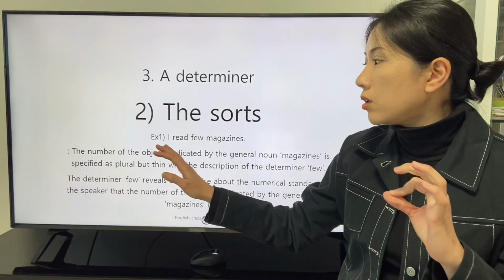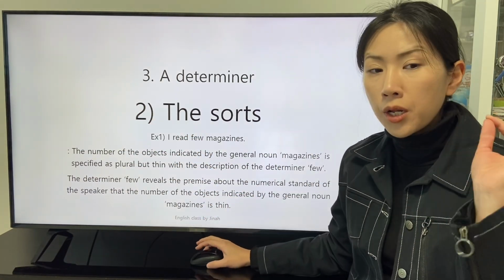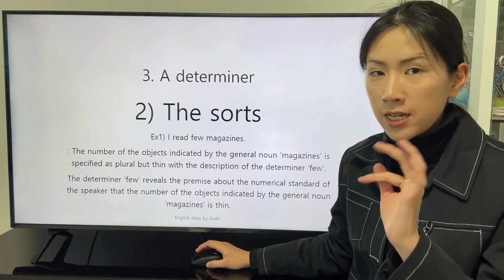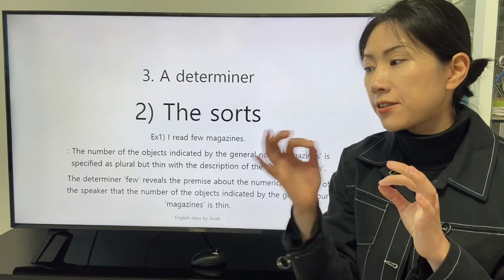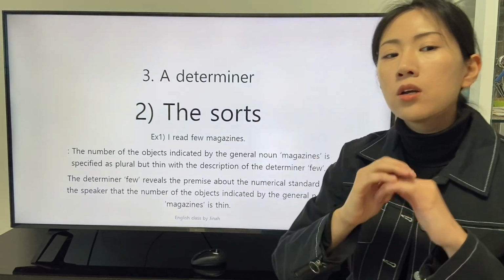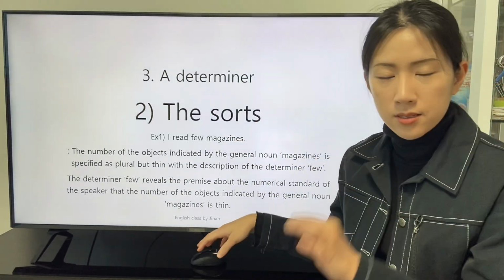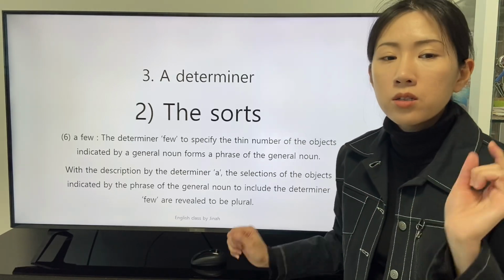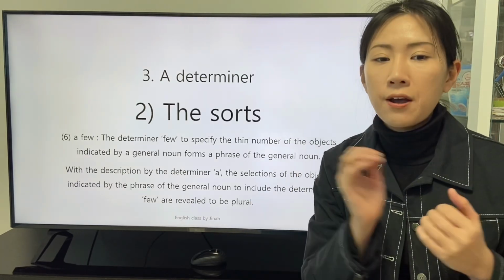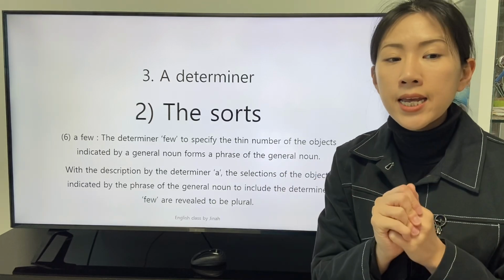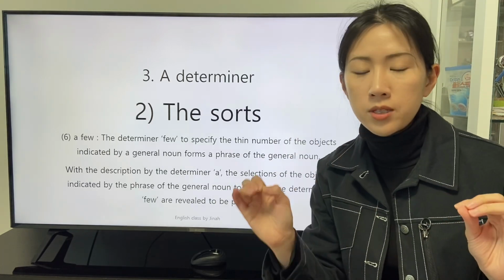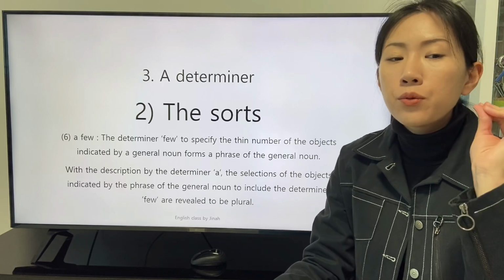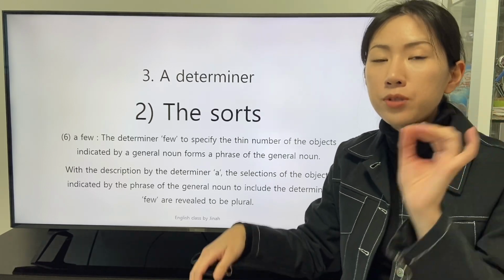So in this case, the determiner few and the general noun magazines form a phrase of the noun few magazines with the description by the determiner of the selection of the object indicated by the phrase of the general noun to indicate the determiner few are revealed to be plural.